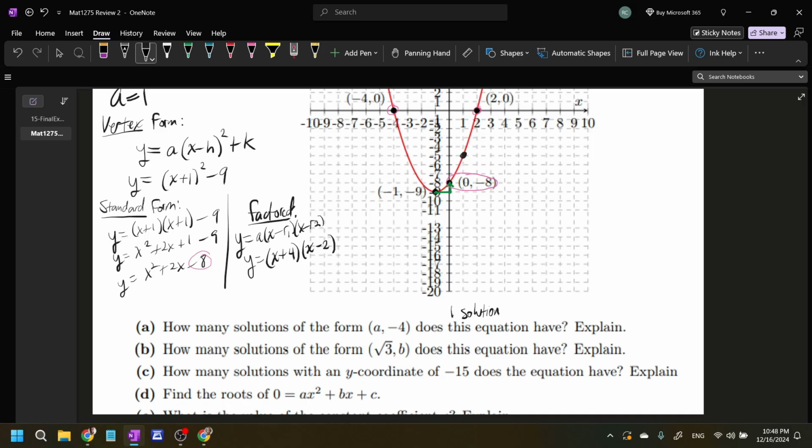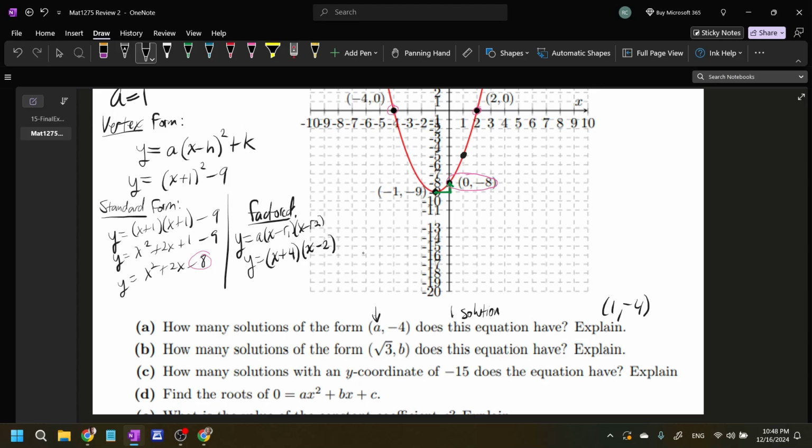Well, clearly there's only one 1, -4, but also this is a function. This is a quadratic equation. We can't have more than one solution for one x value. Our x value is locked into a, so that is not going to work.